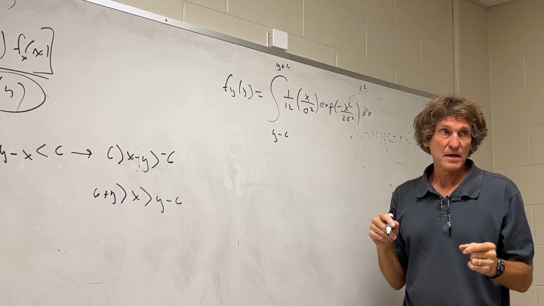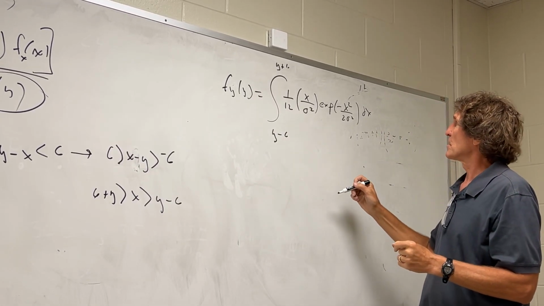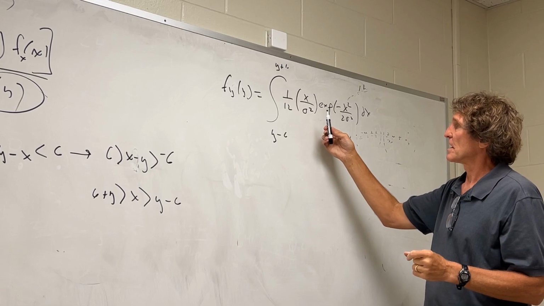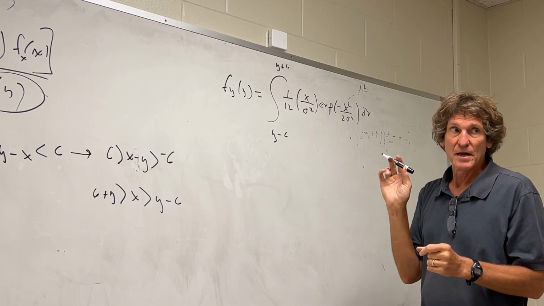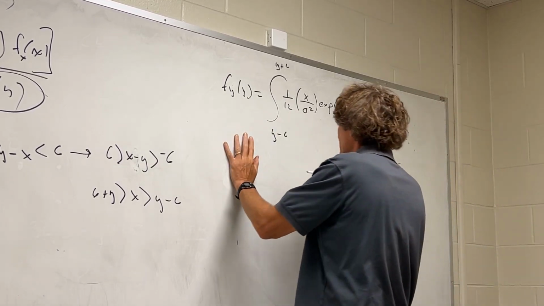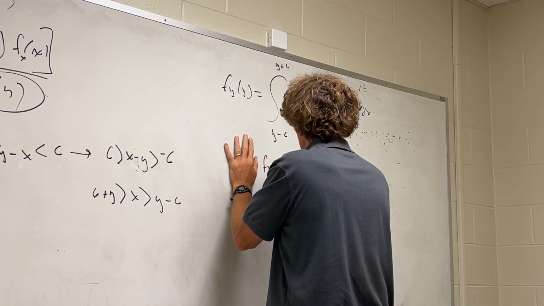Do you all agree with that? Now when we do this integral, you're going to see, I don't remember if he actually evaluates that, but you're going to see what this becomes. It becomes f of y.